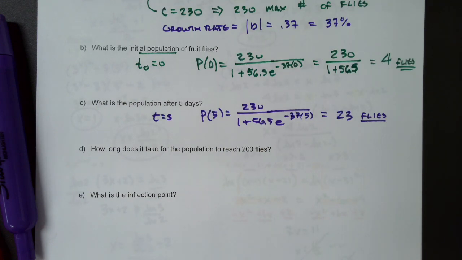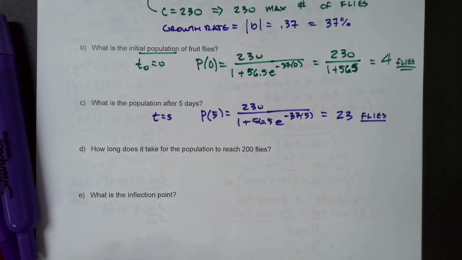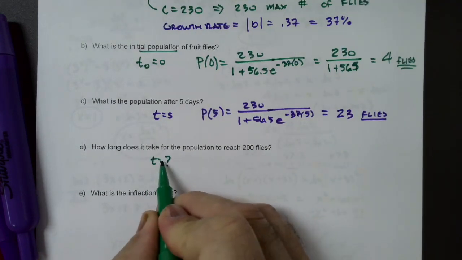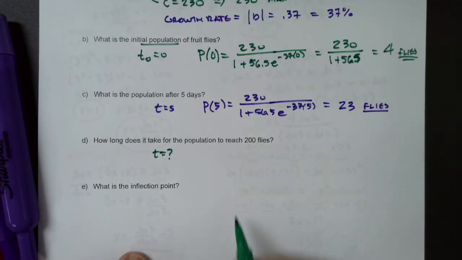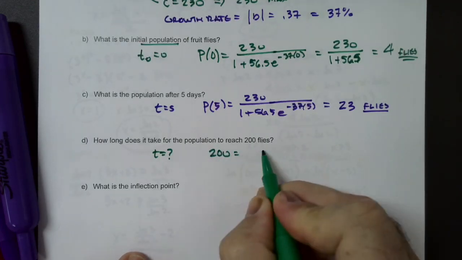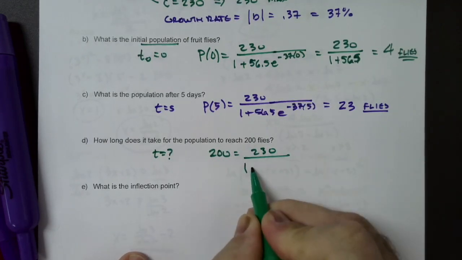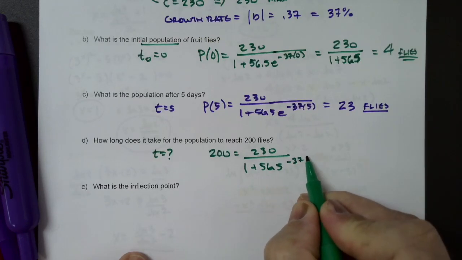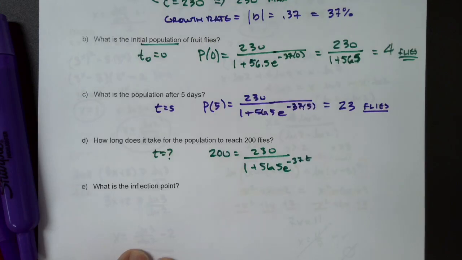All right, next one. How long does it take for the population to reach 200 flies? Okay, so 200 flies would mean we're looking for a t. We're not substituting in 200 for the t. We're setting this equal to 200. Negative 37 times t. Forgot my e in there.